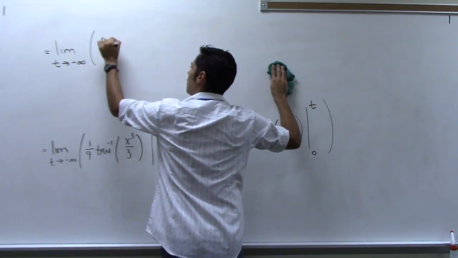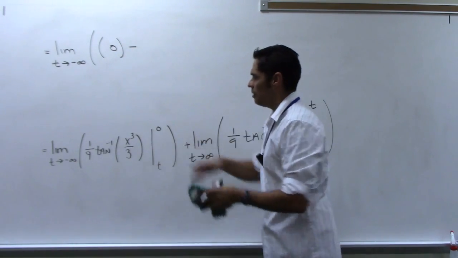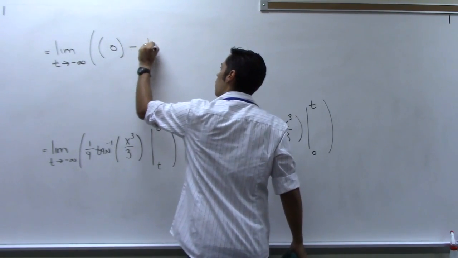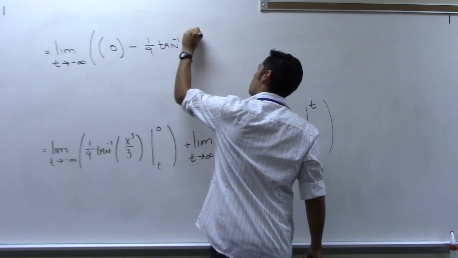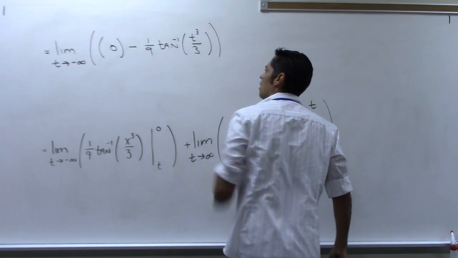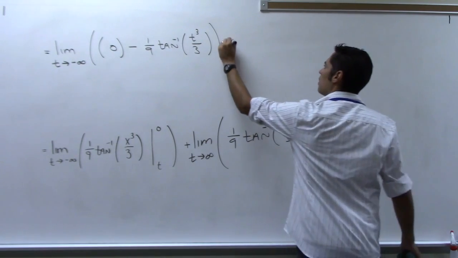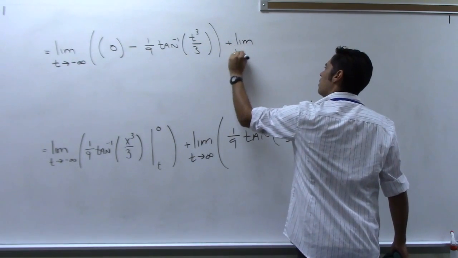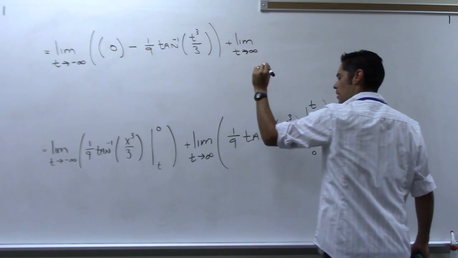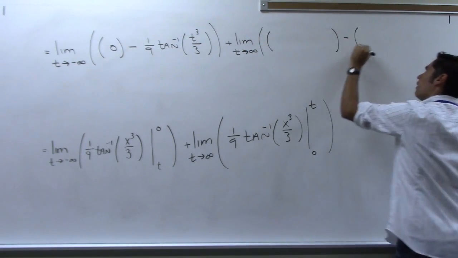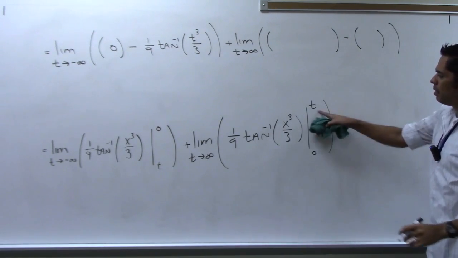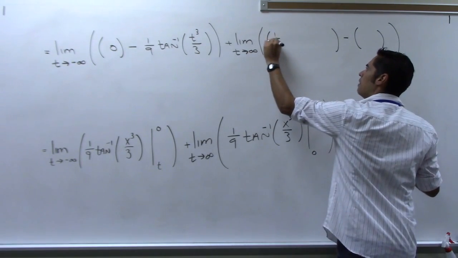Minus, now I plug in t, so I can't really do anything with that. So 1/9 arctangent of t cubed over 3. And then I'll do this limit. So limit t goes to positive infinity of, again, two things. I know when I plug in t, I just get that expression again.